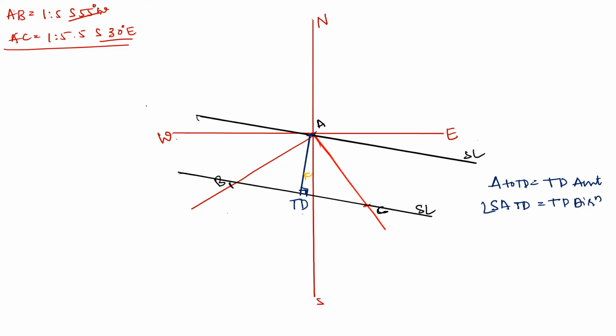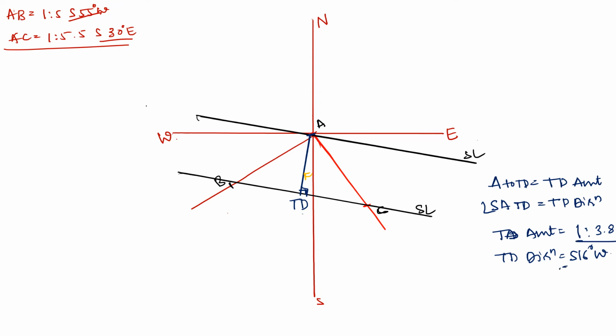So according to me, the true dip amount comes around 1:3.8, while the true dip direction comes around south 16 degrees west. This is what I received after solving.